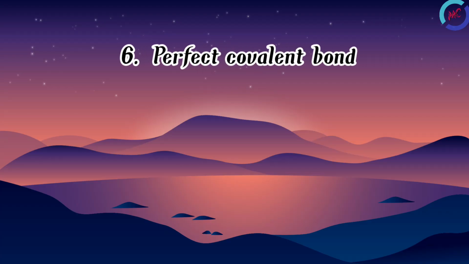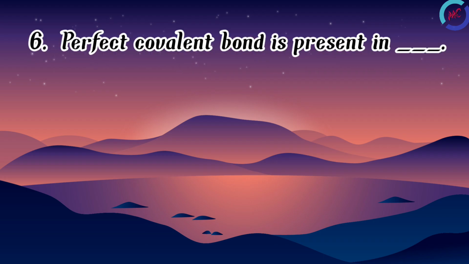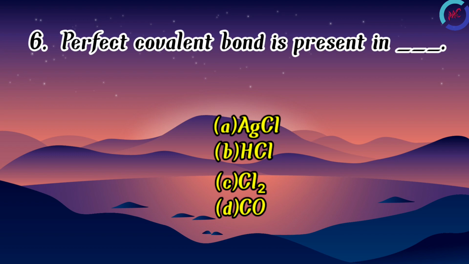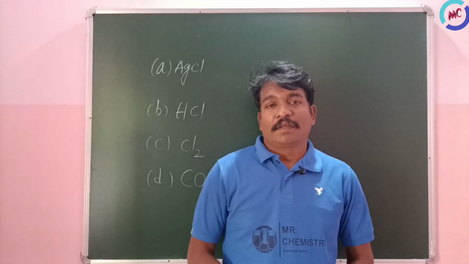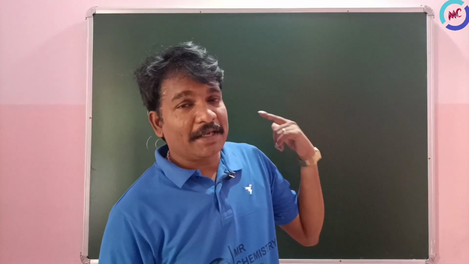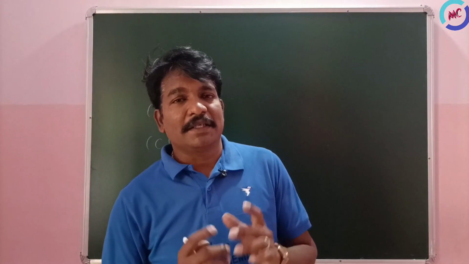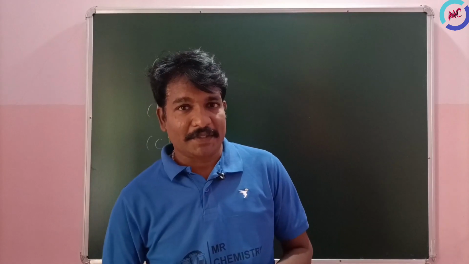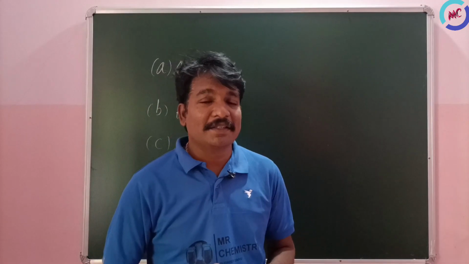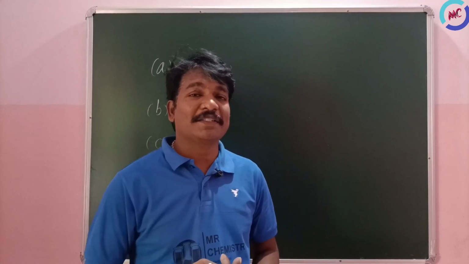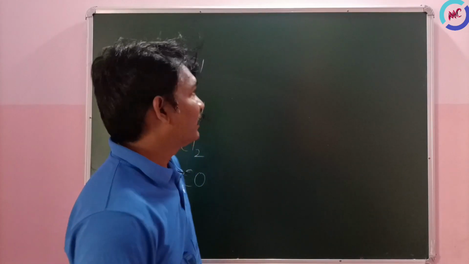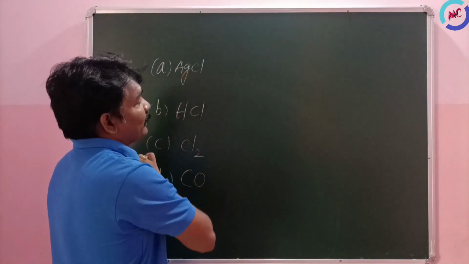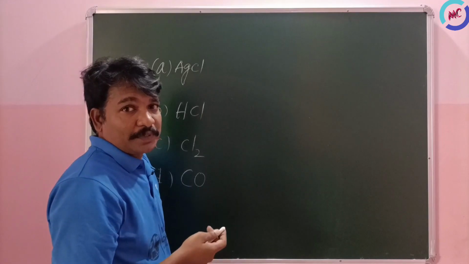Perfect covalent bond is present in option A, AgCl; option B, HCl; option C, Cl2; option D, CO. They are asking which of the following has a perfect covalent bond. See here, very simple to answer this one. Perfect covalent bond in the sense they should have the difference in electronegativity as 0. See here, in case of AgCl, they have 2 different types of electronegativities.